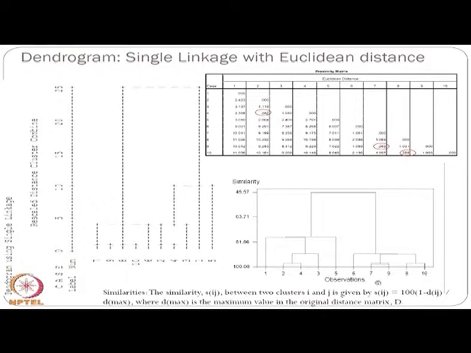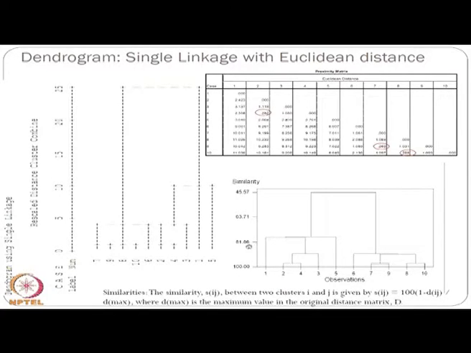The difference between this and this is that here distances are given on a scale, and here we are talking about similarity. So, if at any instant I take this point, 81.86, and draw a horizontal line with respect to this x axis, you will find intersections with vertical lines: 1, 2, 3, 4.